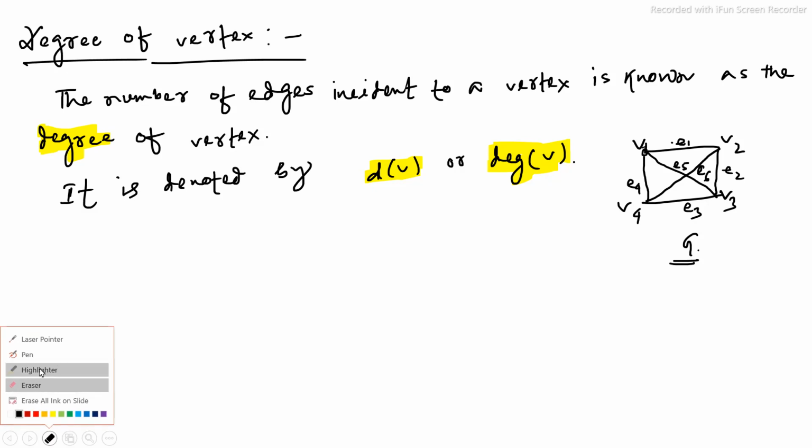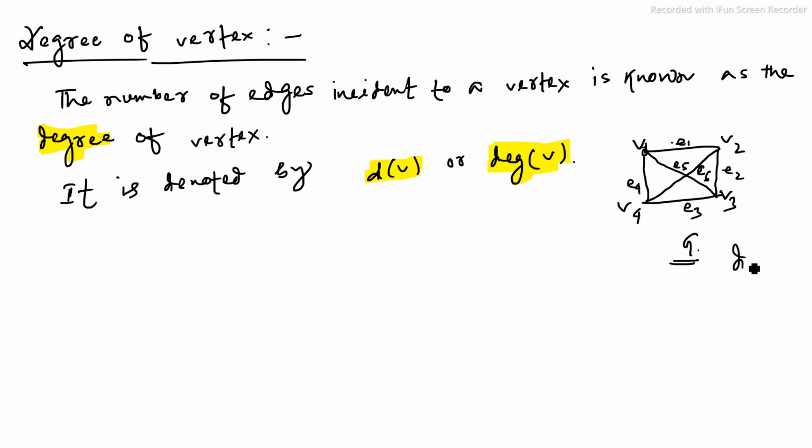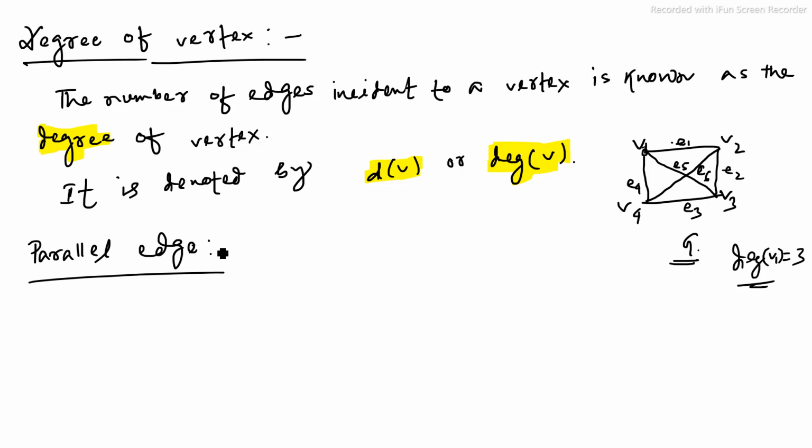The degree of v1 is 3. Now, parallel edge. Parallel edge in a graph. What makes an edge parallel? Edges between the same pair of vertices.